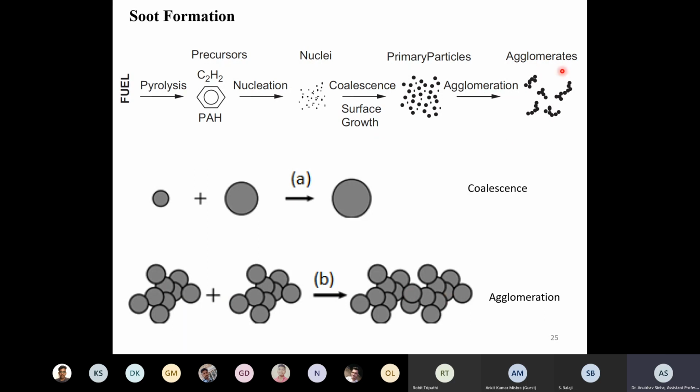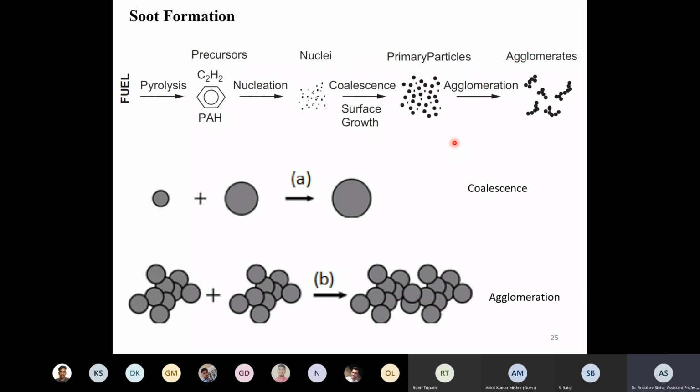This is called agglomeration, and larger structures like this are what we call soot. Is this clear, or do you have any questions on this slide? Yes, sir, it's clear. So this is how soot is formed, and from this stage onwards we say that this is soot. This is the precursor stage, with very fine microscopic nuclei, but once they coalesce, then we say that this is soot. We'll get that black deposit. That is what we mean by soot.